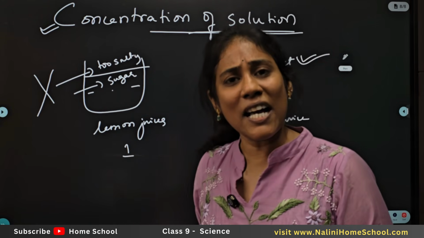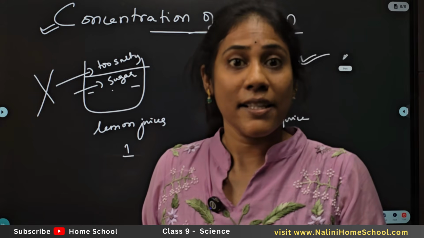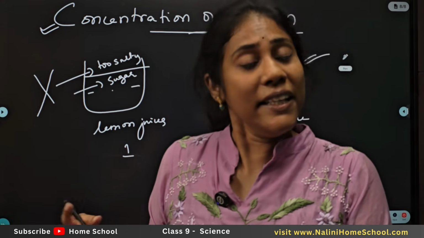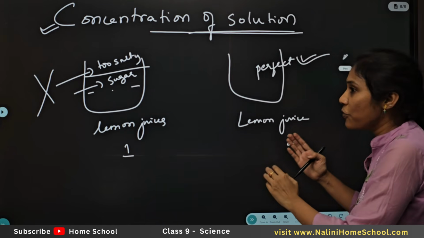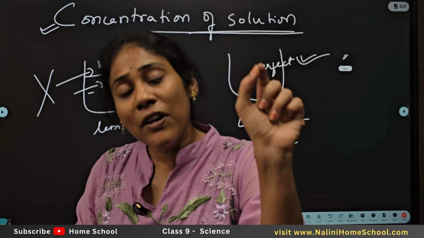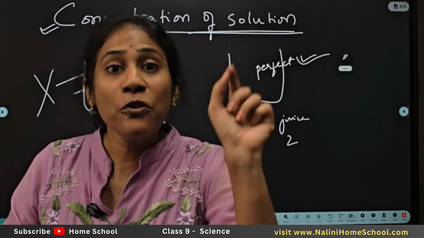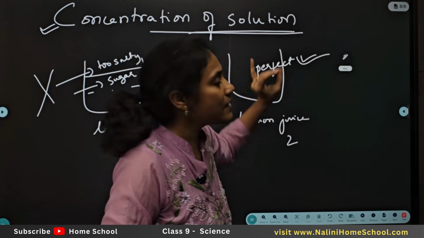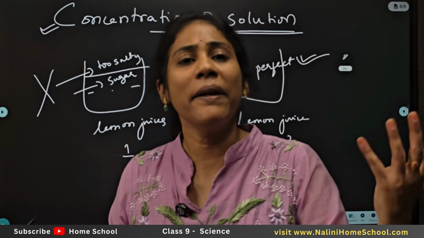How much salt is there? How many lemons did you squeeze? This is what is very important, right? To make a perfect lemon juice, maybe half a piece of lemon, 2 spoons of sugar, 1 full glass of water, and just a pinch of salt might be enough.